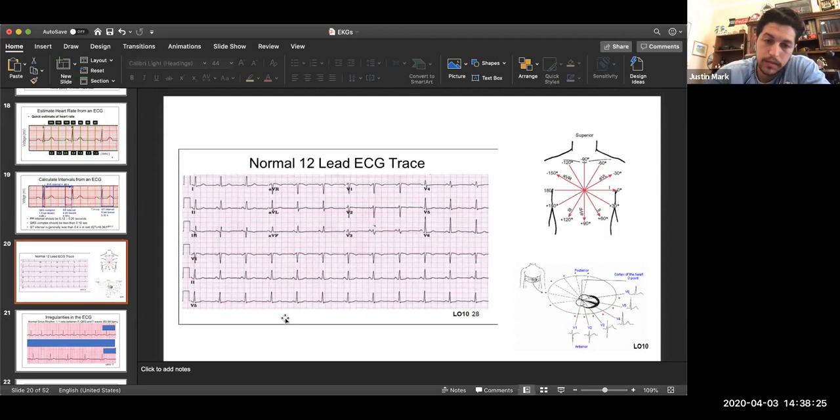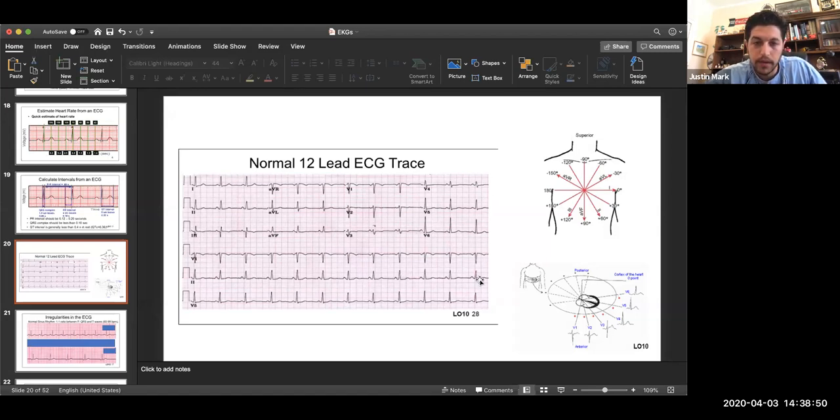Sometimes they'll give you 1, sometimes they'll give you 2. These are just expanded versions of particular leads. And here we have lead 2, so that's very nice. Kind of previewing ahead, but we could see P waves very nicely. We could see that each P triggers a QRS, and then we have that little bump right there. That is going to be a T wave, and everything looks pretty regular.